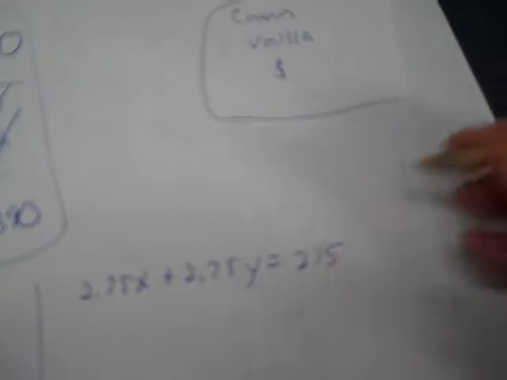So I have x plus y equals 100, and I have 2.75x plus 5y equals 390. So I multiply the first by 2.75, then I multiply the second by 1. So I have 2.75x plus 2.75y, and that's $275.